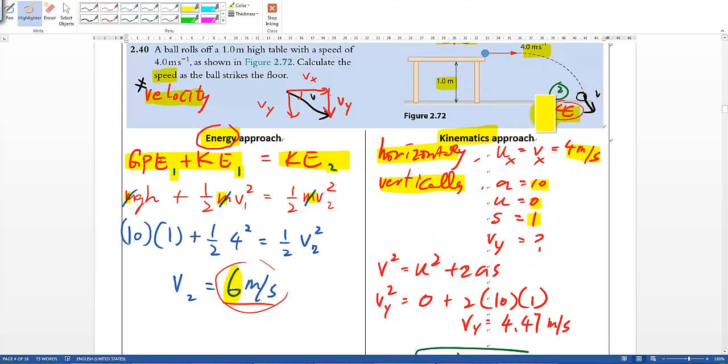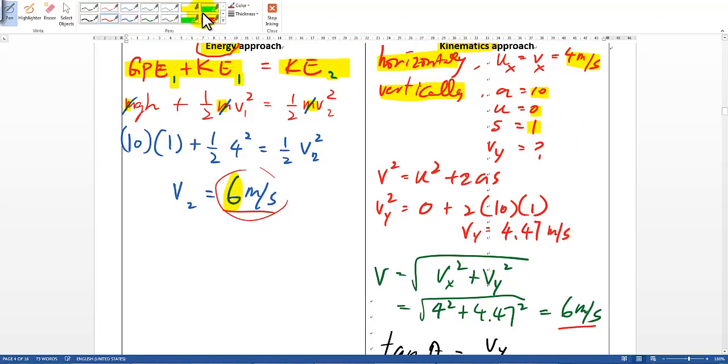So you want to find out the vertical final velocity at the end, and then you will combine them into a resultant velocity like this picture. You can think about Pythagoras Theorem, as in moving this theta to this side, so you can make a right angle triangle and measure how much the resultant velocity is.